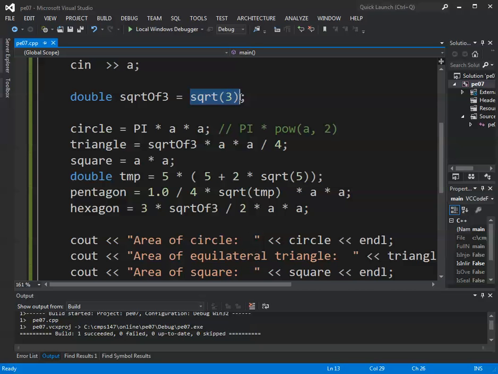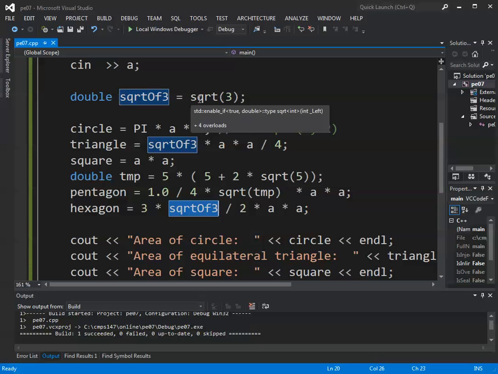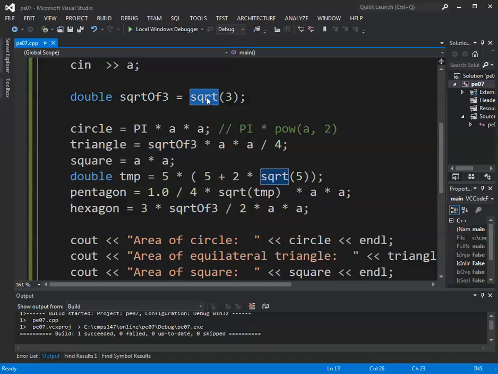Maybe 20 or 30 different CPU instructions will be required to calculate the square root of 3, but now each time I use it later on, it'll be essentially for free. I have the answer already. Certainly there won't be a noticeable difference in speed in the program that we're running now, but if I was going to replace thousands or hundreds of thousands of calculations of the square root of 3 with one single call, that performance difference actually might be quite noticeable.